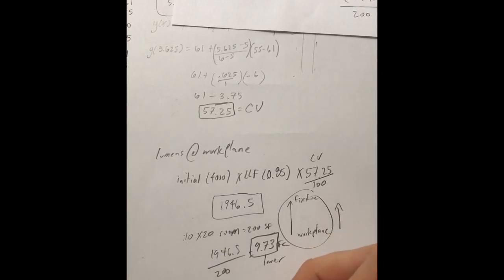Then you add these up, however many fixtures you end up needing to reach whatever foot candle level you're trying to get at, or you increase the lumen count. So lumens go up, or fixture count goes up. So that is really how you find the lumens at the work plane for a given room.